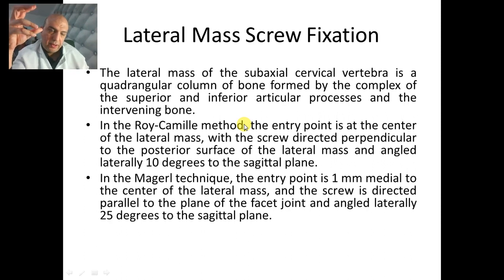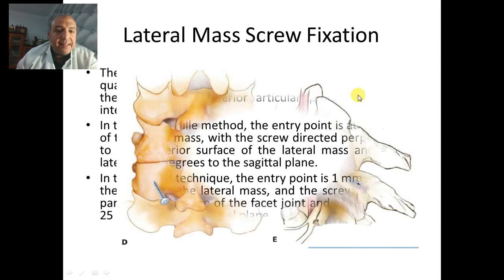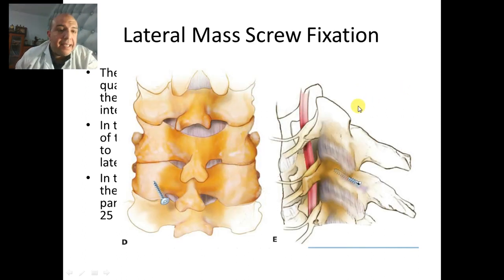Posterior decompression is done mostly with fusion through lateral mass screw fixation, which has different types. The lateral mass, as I informed you before, is the space between the facet above and the facet below.